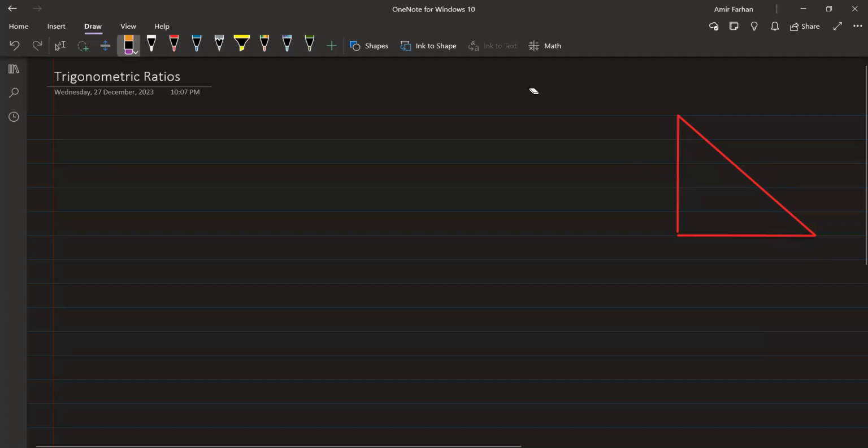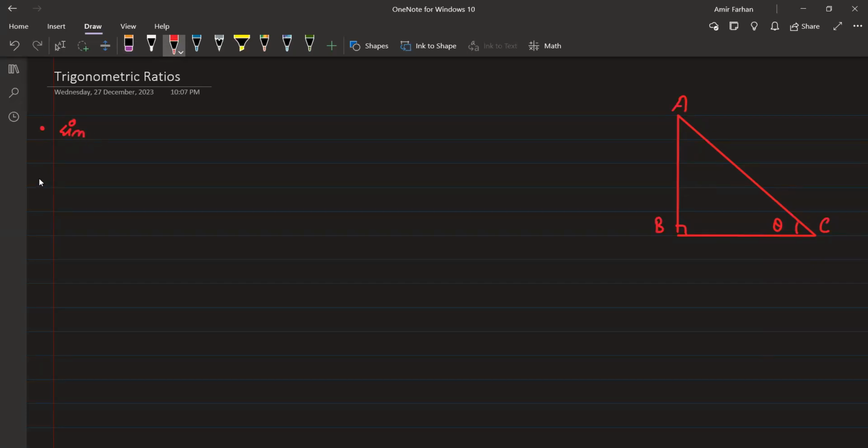So let's find it out. Suppose that this is A, B, and this is C, and this is a 90 degree. Suppose I take angle C as theta. So we have 6 ratios.